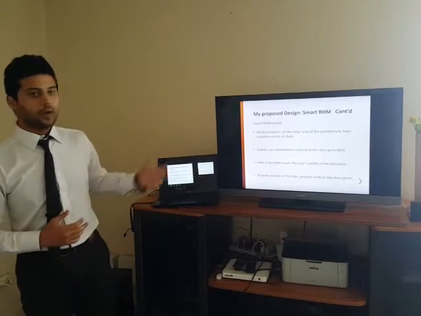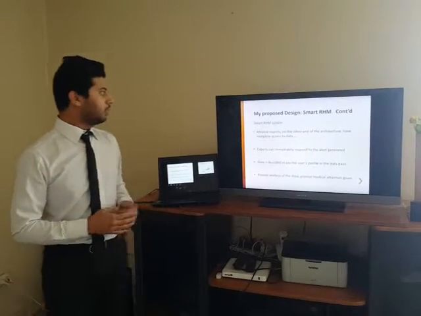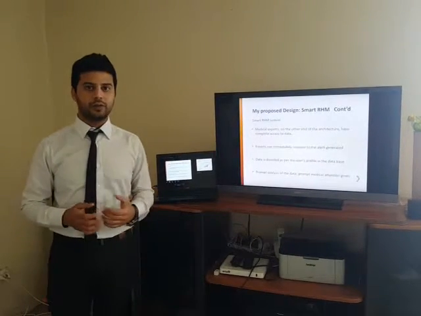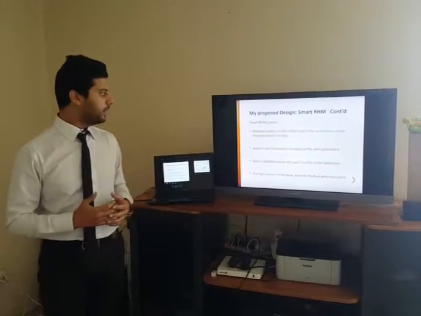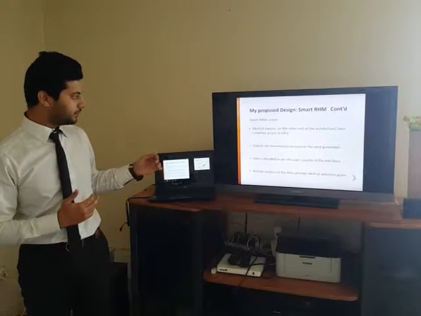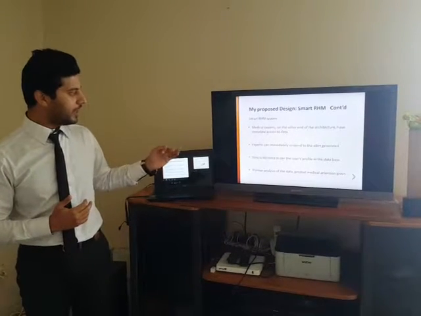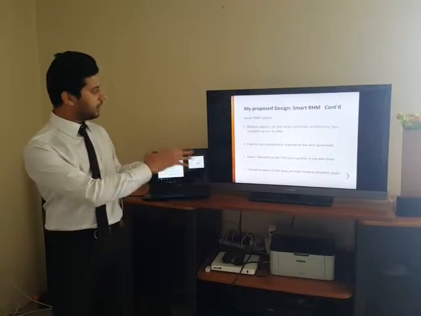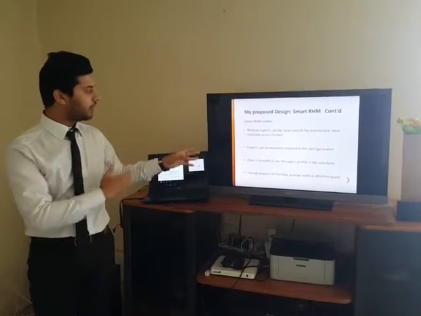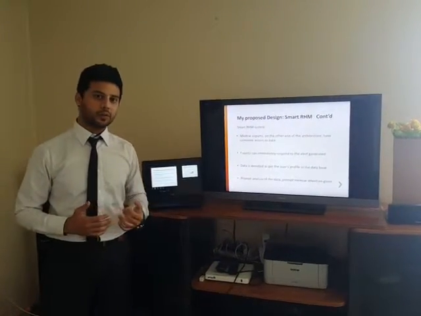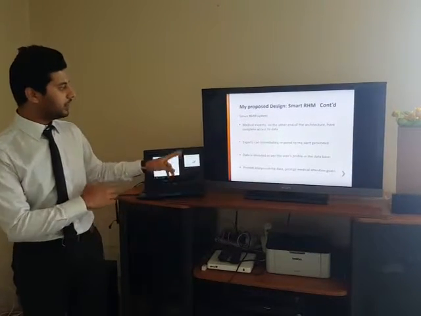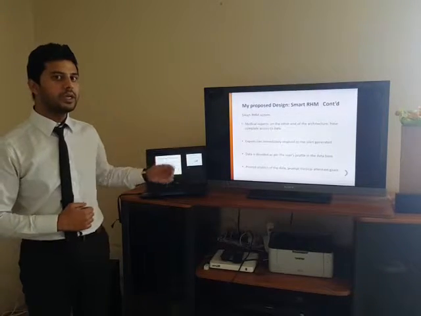So a little bit more about my smart RHM design. Medical experts on the other end of the architecture have complete access to the data. This access would be given after the data is decoded as per the user's profile in the database. That is another added safety feature of my design that makes it very distinguished and a tremendous revolution in the field of RHM, because we are catering for the security two times.